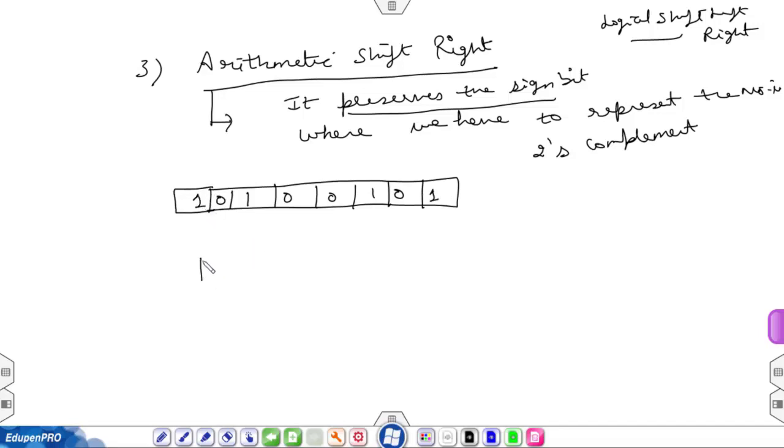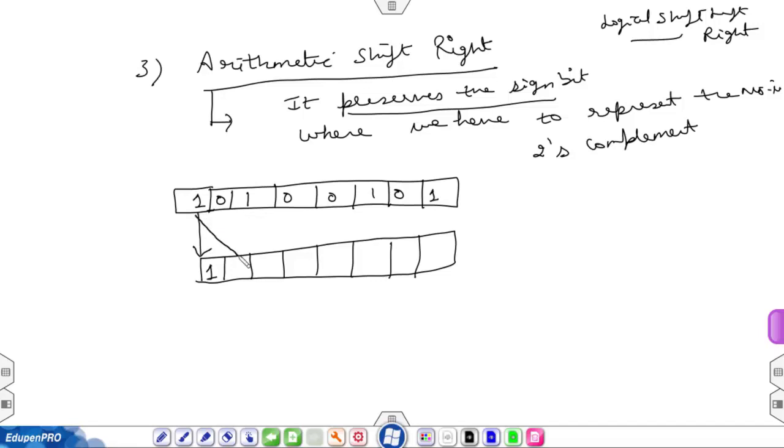Now here is how arithmetic shift right will work. The leftmost bit, that is the most significant bit, will remain the same. We do not append 0 at this position; the sign bit will also come to this next position after shifting. So the number will become 1010010.